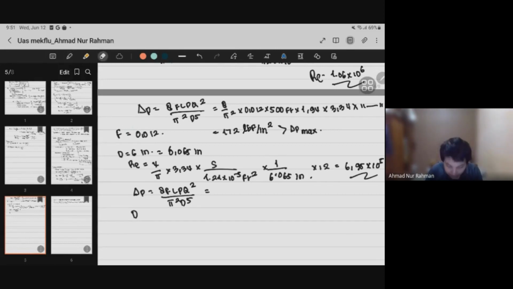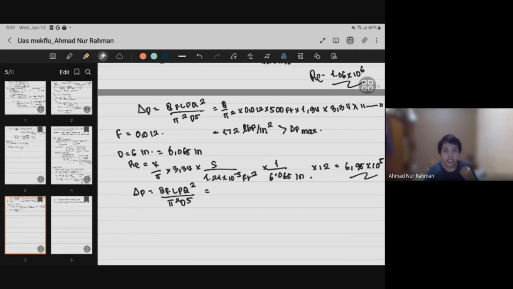But in this case, because the f is 0.012, from the equation with d equals 1.5 times 10^-5, the f is 0.012.